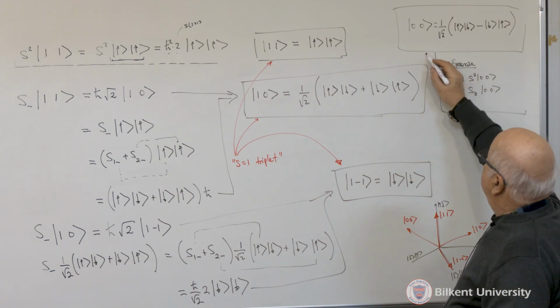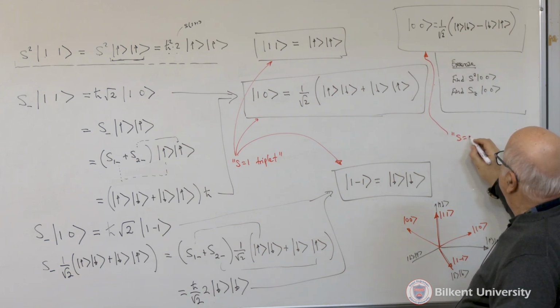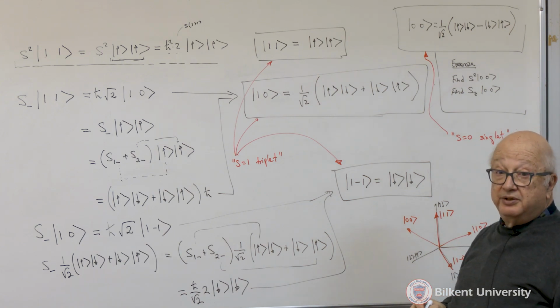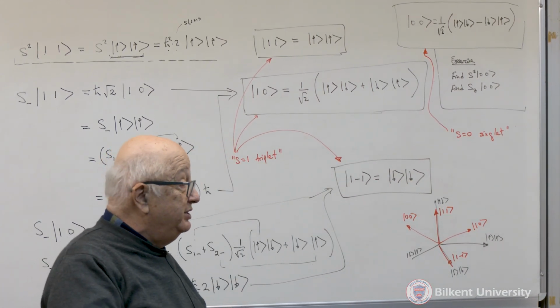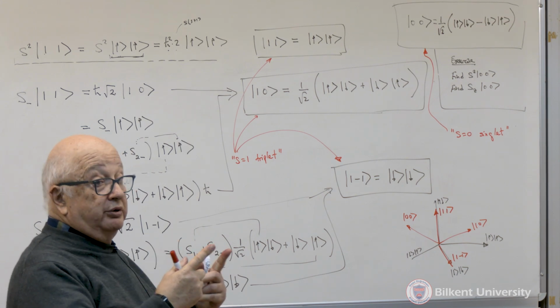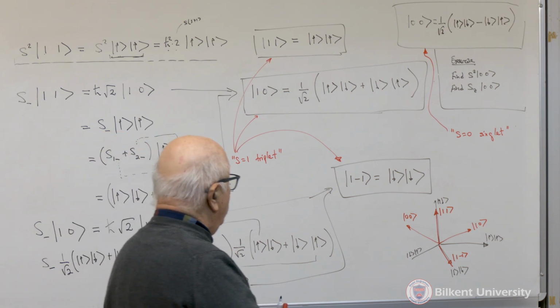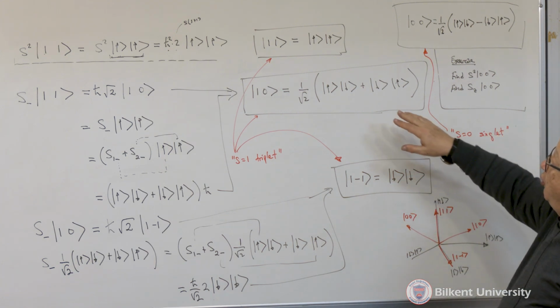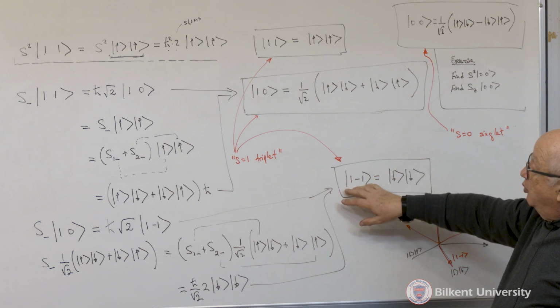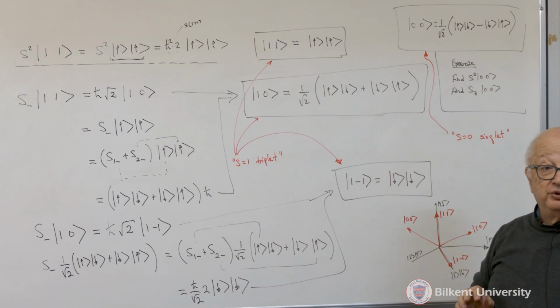This one over here, which is alone, is the s equal to 0 singlet, because there's just one such state. So the spin states of 2 spin-1/2 particles are made up of the total angular momentum states which form a triplet of s equal to 1 and a singlet of s equal to 0.